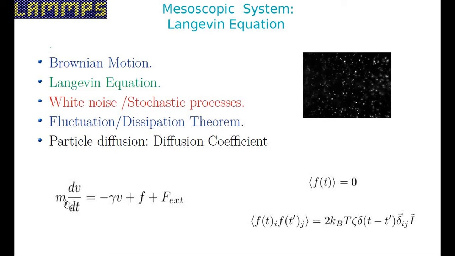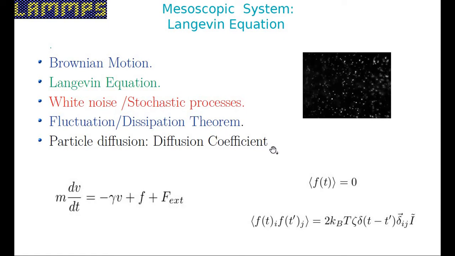So a certain colloidal particle, for example, moves according to the Newton equation, that is included by considering this external force. So this force considers the forces derived from conservative potentials and from hydrodynamic fields, and there we include a friction term given by the Stokes law, and a stochastic force, which is modeled by using a stochastic process which introduces white noise.